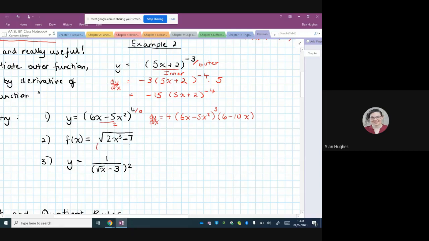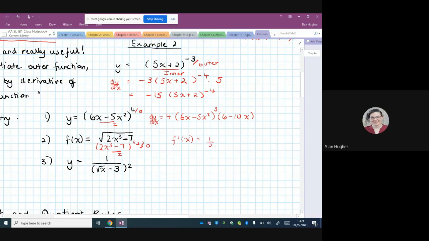Right, the next question. Now, before you started this question, hopefully you recognise that you need to write the square root as power half. Now it looks a little bit clearer where we've got our outer function and our inner function. So same technique again. Outer function is power half.